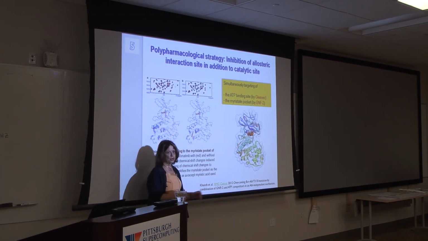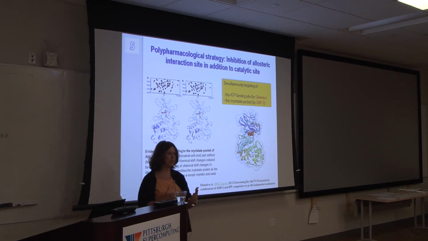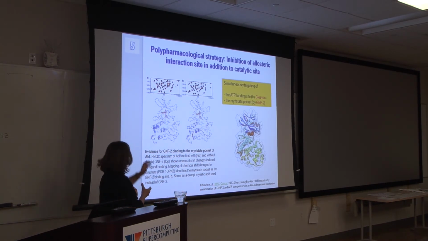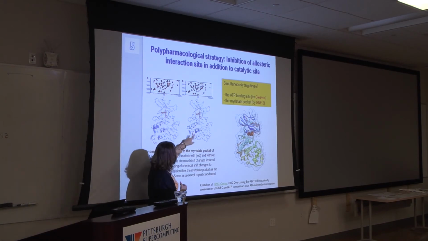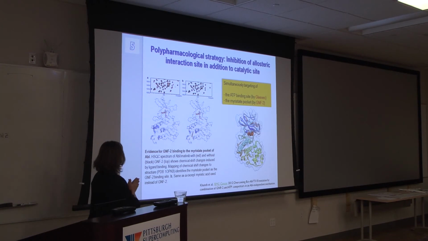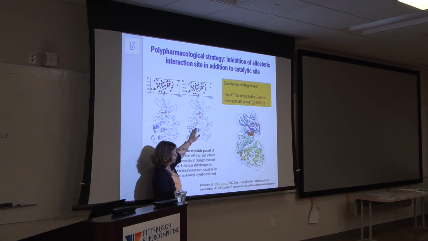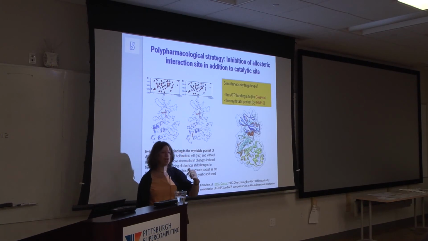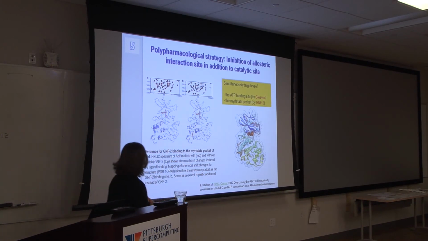This is called the post-translational modification or myristoylation site for the activation. So the chain has to be myristoylated here. Now you are not letting it happen because you have bound here another drug that would obstruct the natural mechanism of activation.